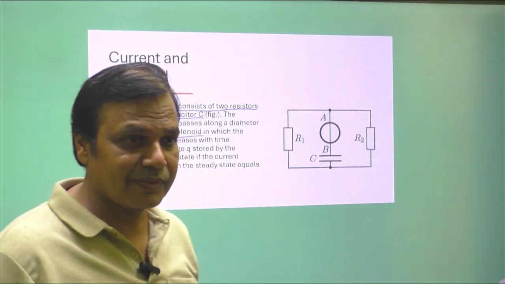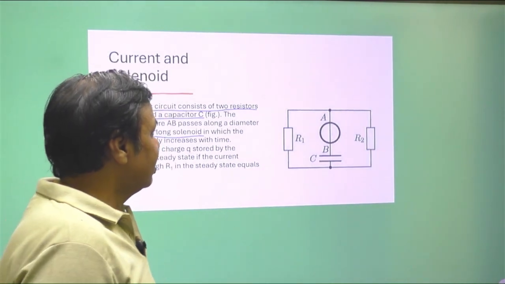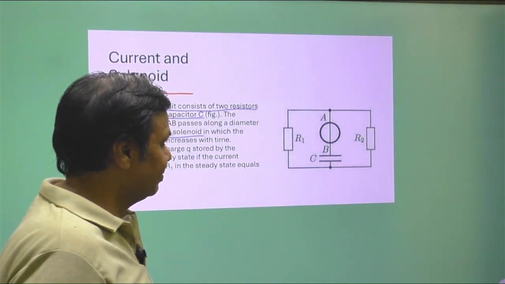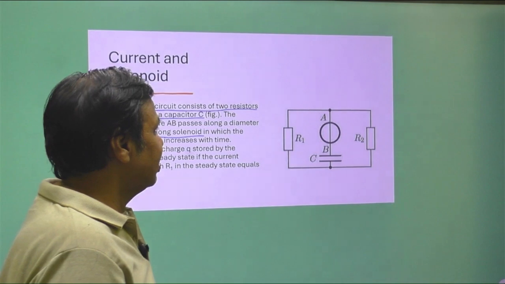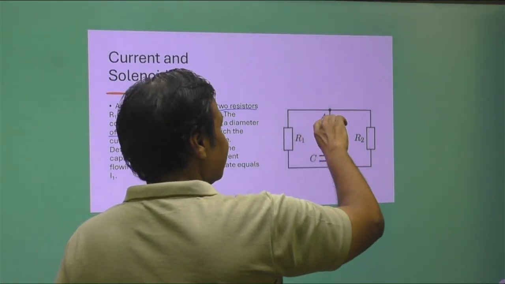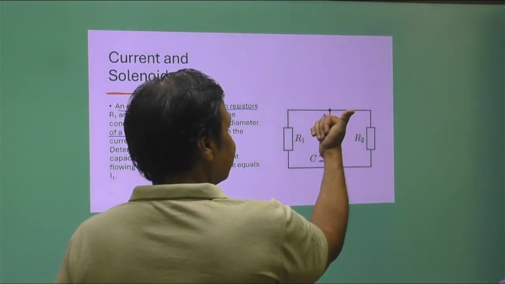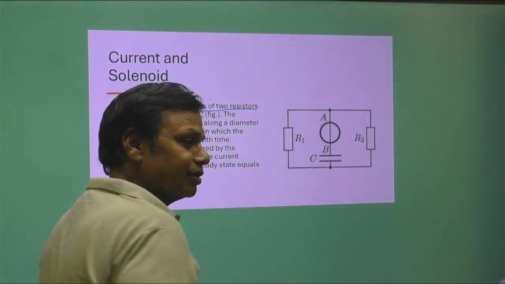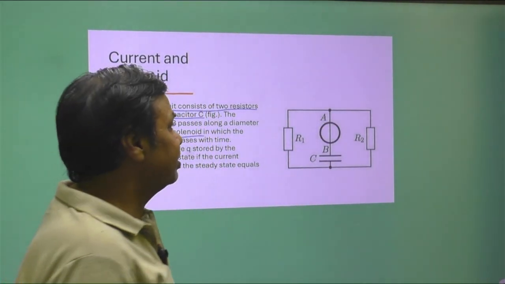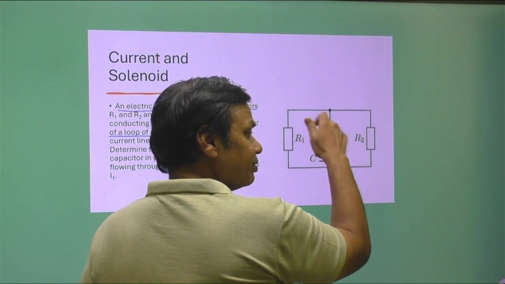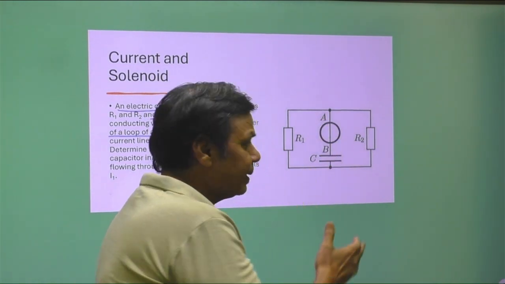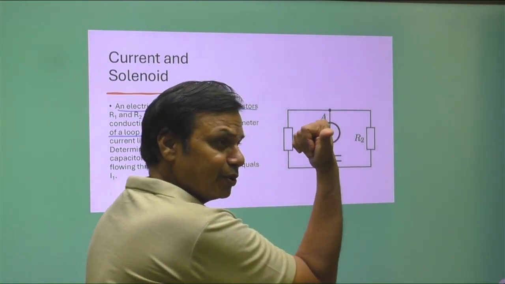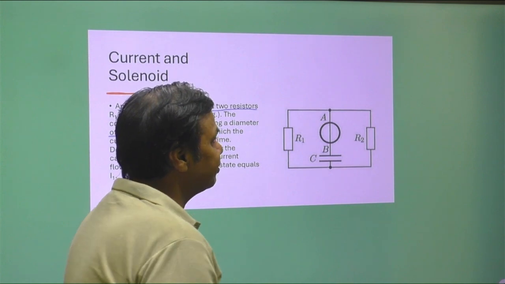If the current in this solenoid is like this, then it will produce a magnetic field in this direction. So the flux of this magnetic field is increasing.